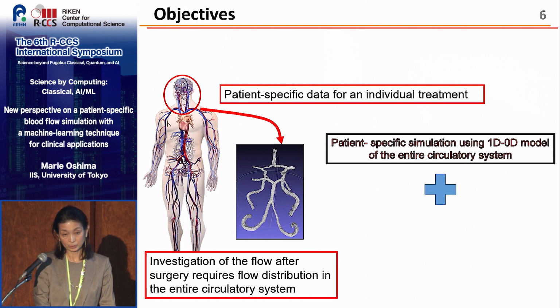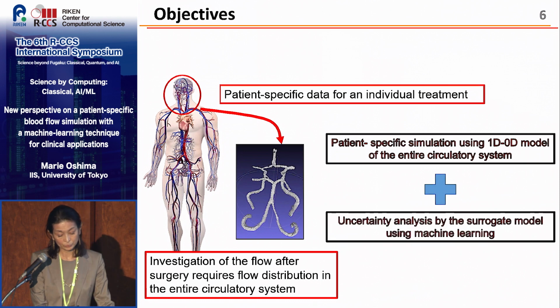In addition to that, even though we have a very accurate simulation, we cannot avoid the uncertainties included in the medical image data. And for the patient-specific simulation, we need to use patient-specific data. So that's why we need to have an uncertainty analysis.